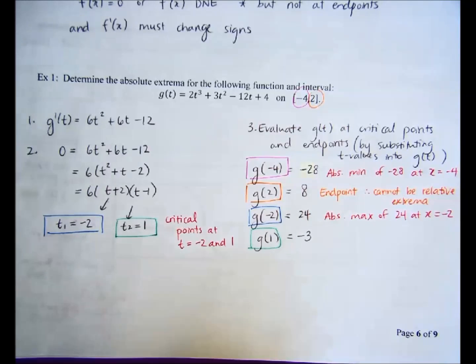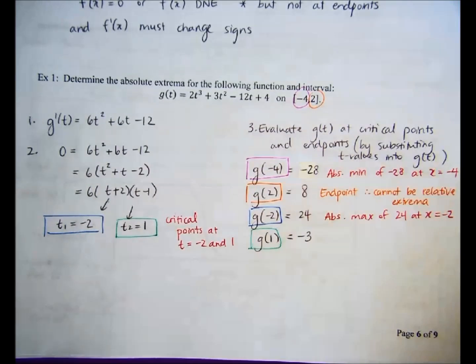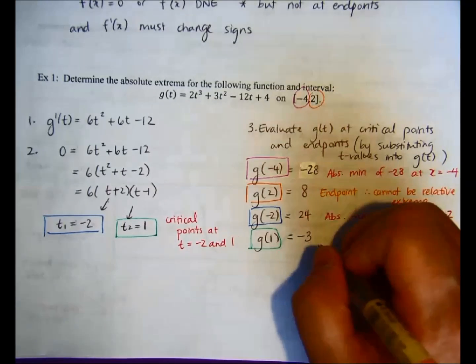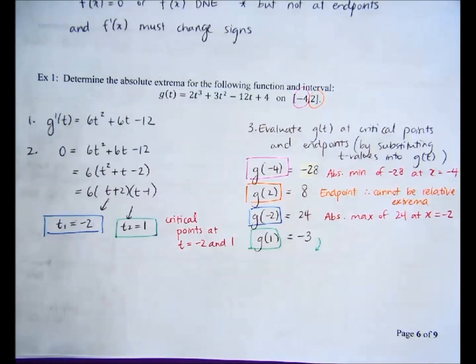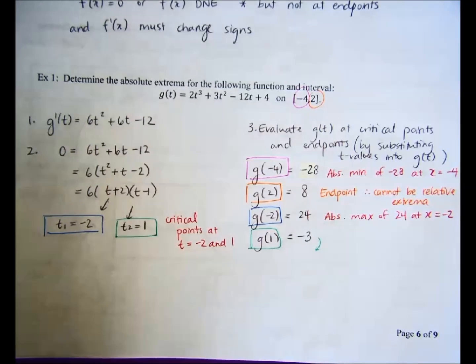And if you wanted to figure out whether or not this g of 1 point, g of 1 equals -3, is a significant point, as in is it a relative maximum or a relative minimum, we would need to check to see if the function changes signs at x equals 1.